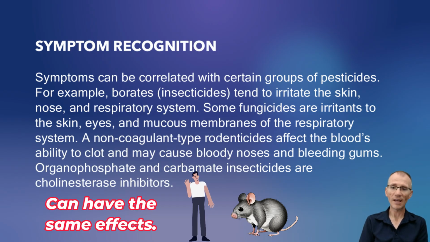So if you think of it like this, you can get bloody noses and bleeding gums. Well, the problem is that your blood won't clot correctly. It does the same thing to rodents, except their system's formulated a little different, where they ingest enough of that product that it basically just causes them to bleed out.